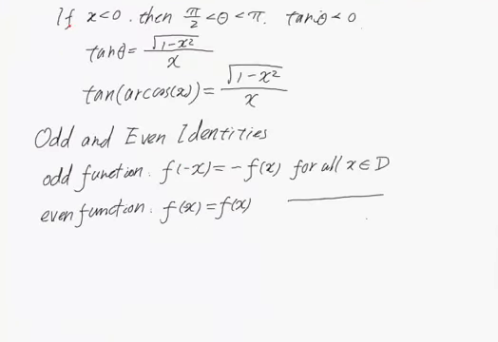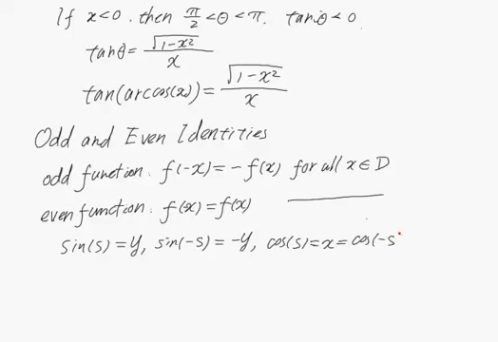So let me write this down. Sine of s is equal to y. Sine of negative s is equal to negative y. Cosine of s is equal to x, and this is the same as cosine of negative s. So we have these odd and even identities.